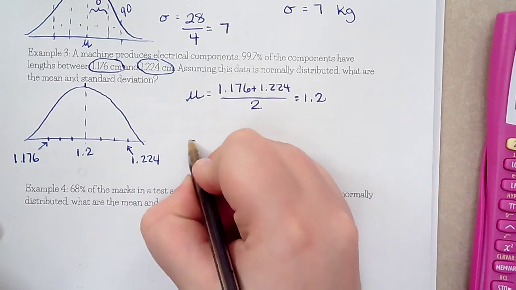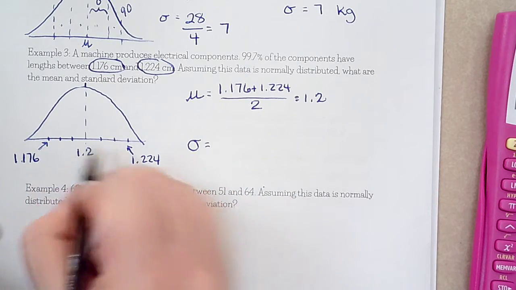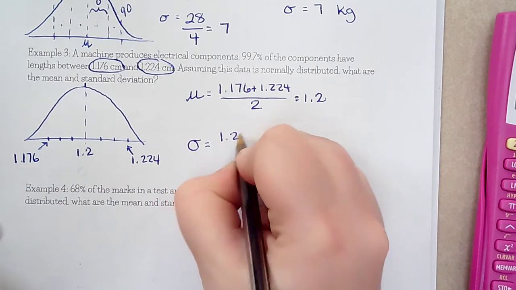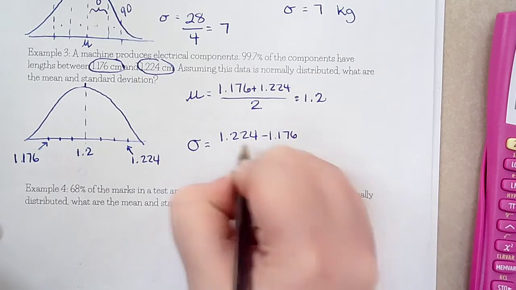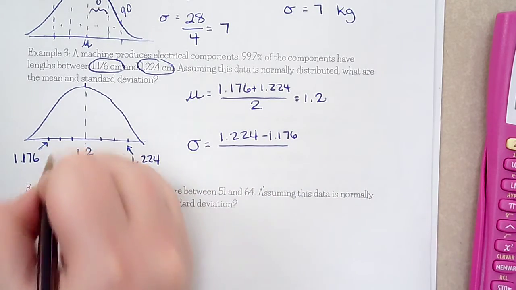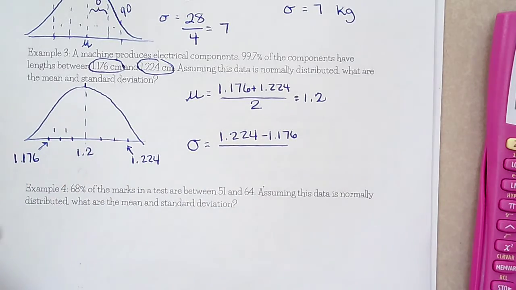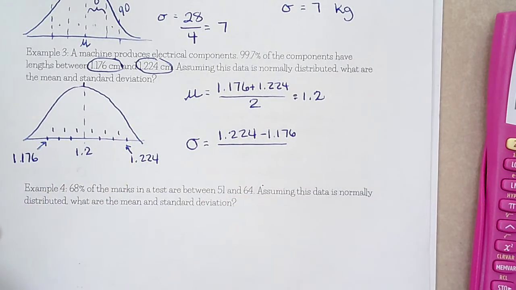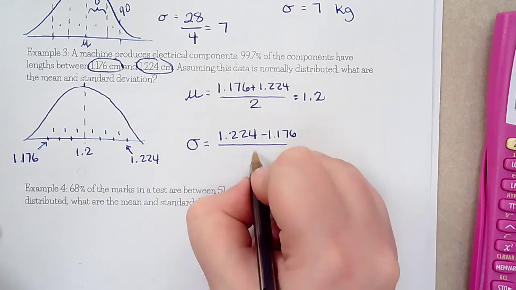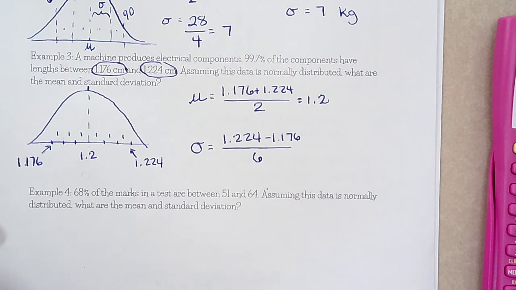To find sigma, I'm going to look at the distance between them. I'm going to say 1.224 minus 1.176, and I'm going to divide by the number of sections in between. So there's 1 section, 2, 3, 4, 5, 6. Since there are 6 total sections, I have to divide by the 6 standard deviations that are in there.